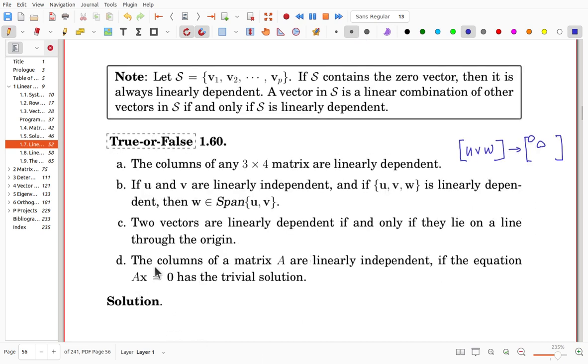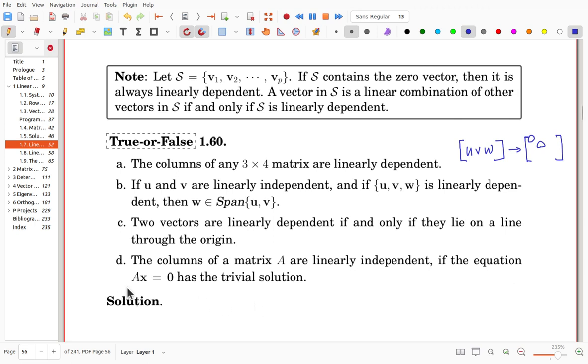Okay, next: the columns of a matrix A are linearly independent if the equation AX equals 0 has the trivial solution. Is it true? It seems true. However, you have to be a little bit careful. AX equals 0 always has the trivial solution, so the part after "if" has no meaning.